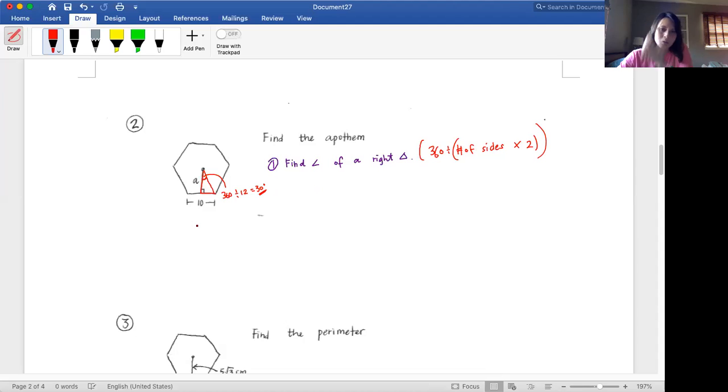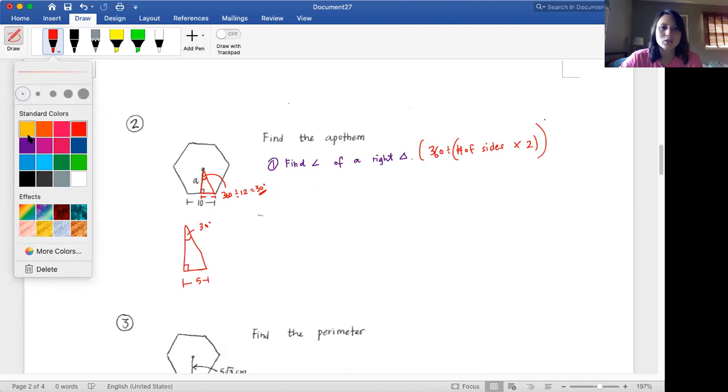Now we are going to find what the base of this right triangle would be. This is 30 degrees. The base would be 5 because it's just half of 10. And now we can use the trig function.